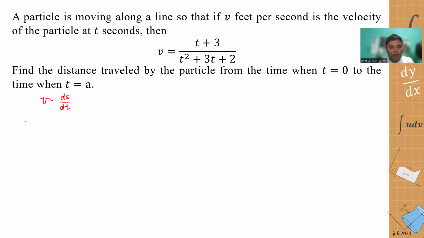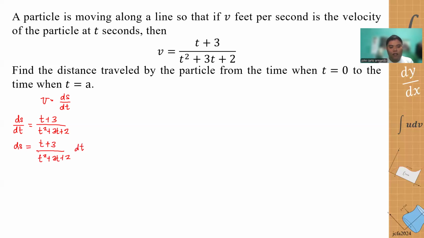So we can replace v as ds over dt equals t plus 3 divided by t squared plus 3t plus 2. Cross multiply, that's ds equals t plus 3 divided by t squared plus 3t plus 2 dt.